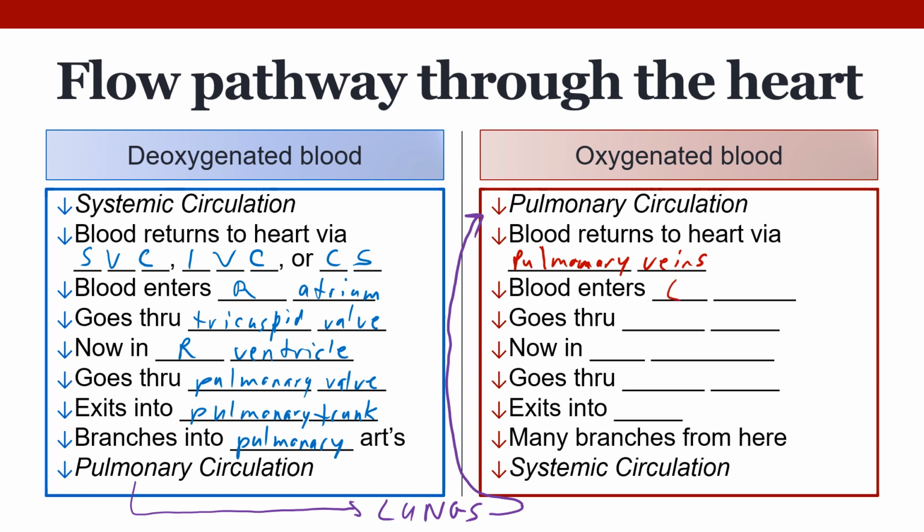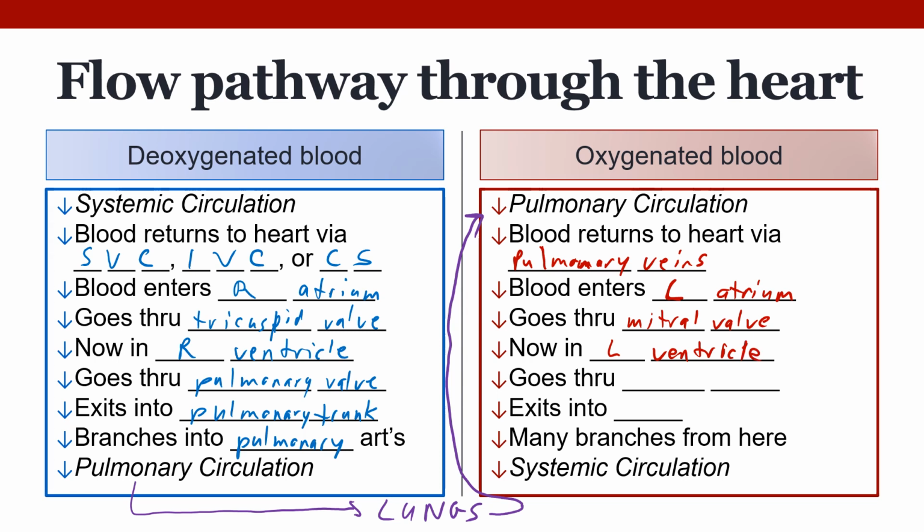Blood enters here the left, that's an L, atrium, goes through the mitral valve, is now in the left ventricle.